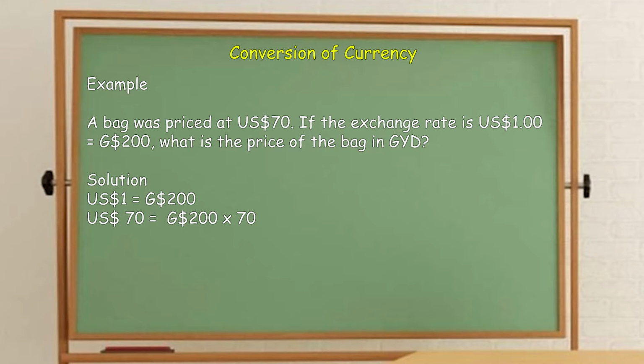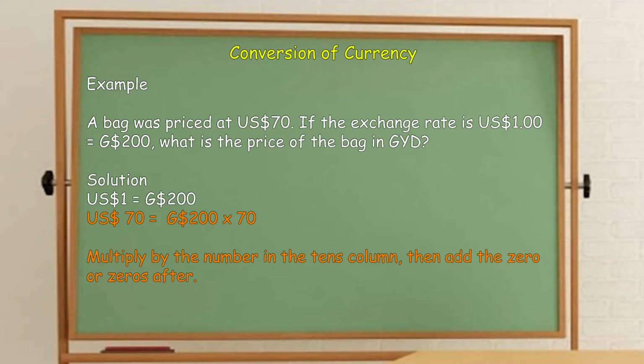So let's look at our solution. What do we know? We know that $1 equals 200 Guyana dollars. And we want to find out how many Guyana dollars is equivalent to 70 US. So 70 US equals 200 Guyana dollars multiplied by 70.